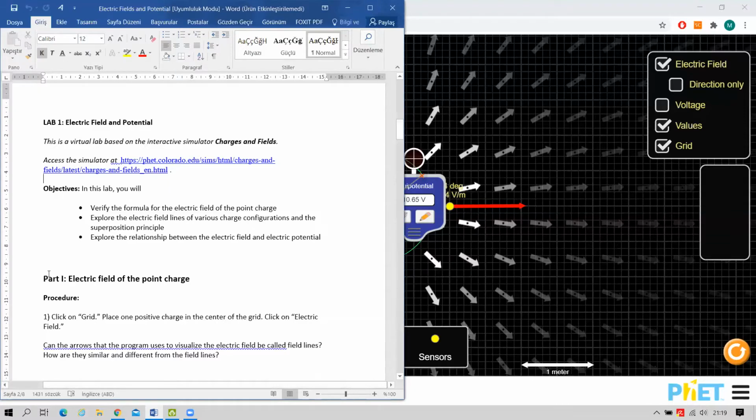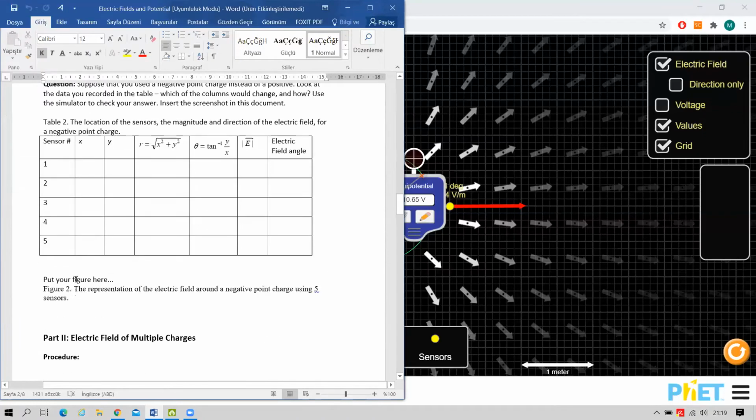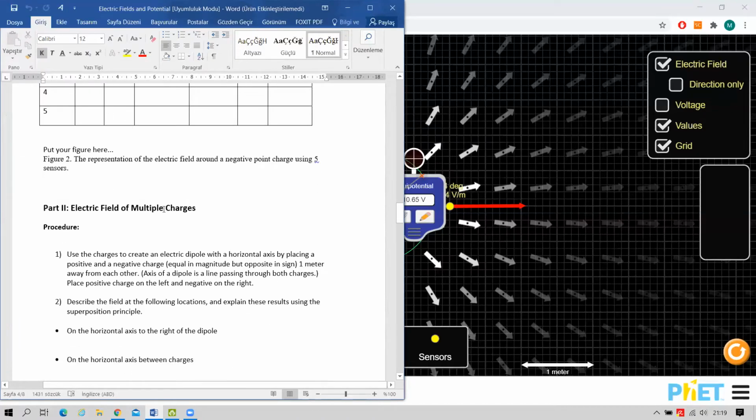There are some parts. The report goes part by part. Let me just go over it. The first part is about the electric fields, and the second part is also about the electric field.